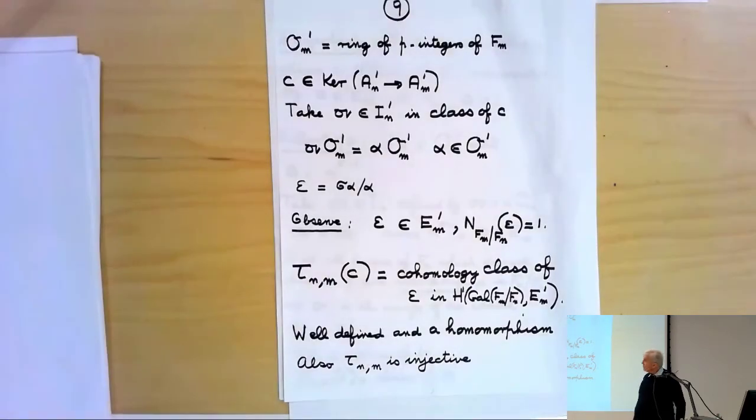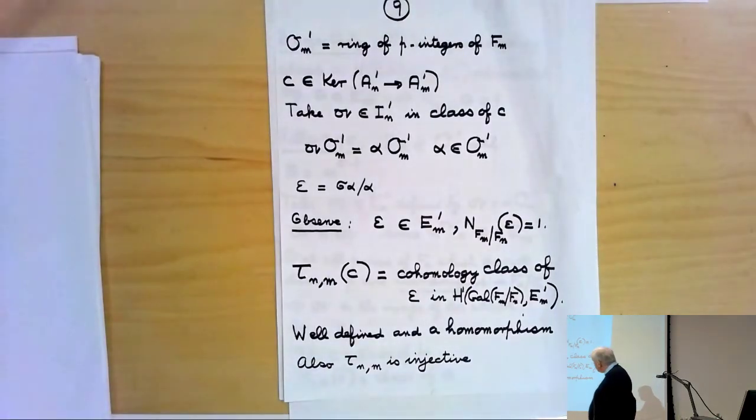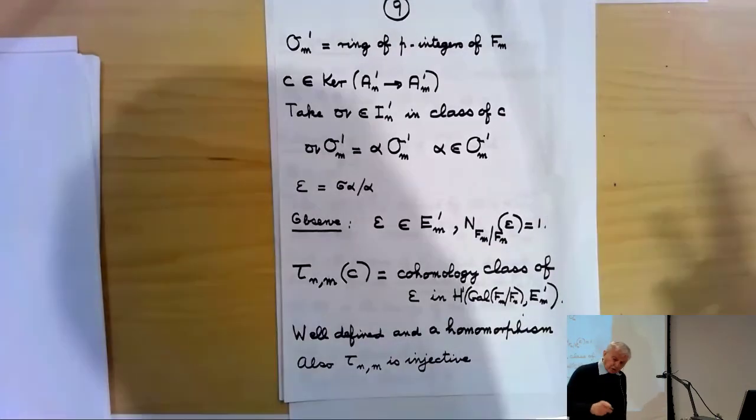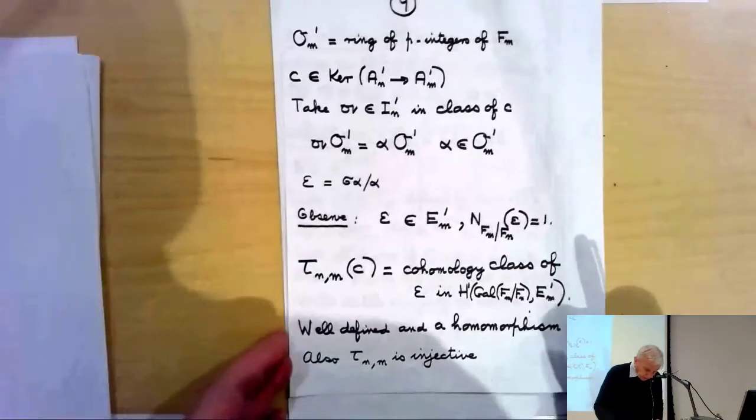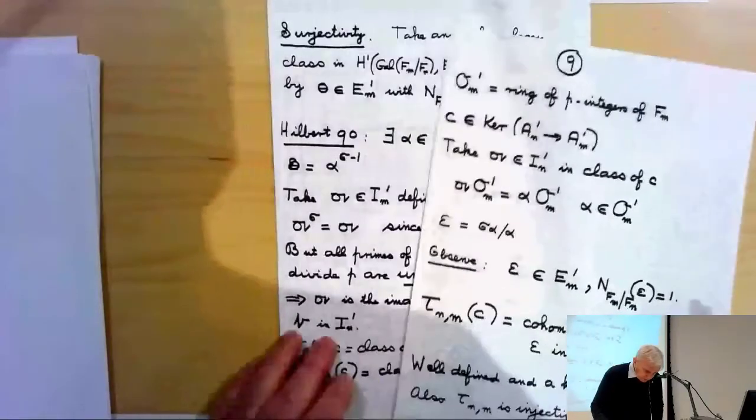Now, in fact, once we have this map, it's essentially obvious that it's well-defined, it'll be a homomorphism, and it's injective. These follow immediately from the definition, essentially. So to complete the proof, really the only thing we have to say something about is why is it surjective? And this is where we will use, crucially, the fact that we're working with the prime condition.